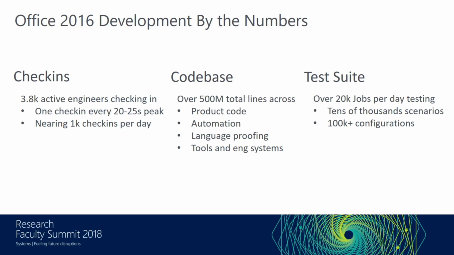The code base is 500 million lines of code, not just code, but tests, test automation suites, language proofing is huge. Tools and engineering systems also contribute a lot to that number. The test suite runs about 20,000 jobs, tens of thousands of scenarios, and hundreds of thousands of different configurations every day to get it out to customers.